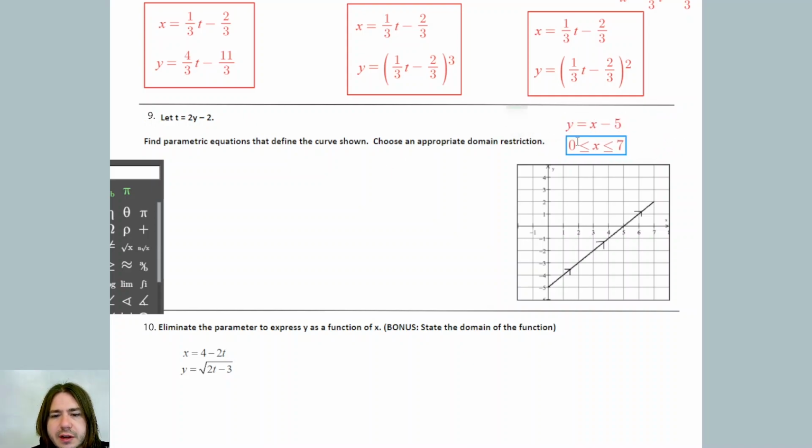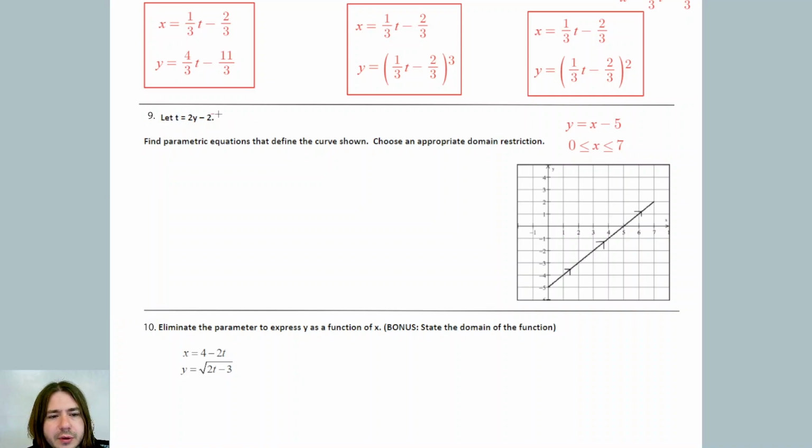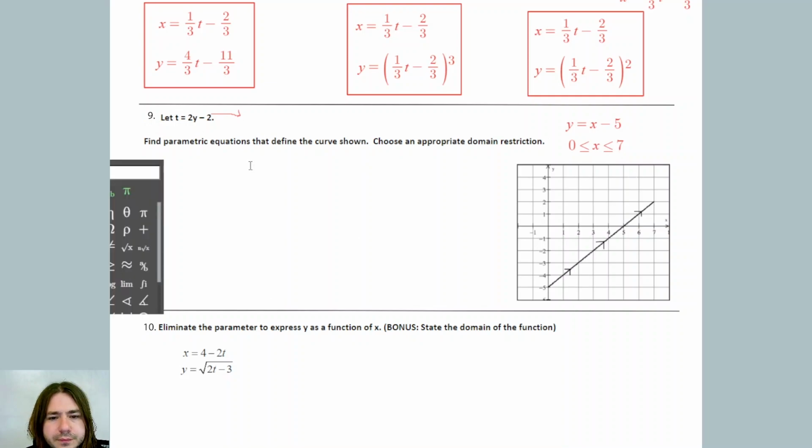So this is the rectangular version of the equation, and we will use this parameter to rewrite it. This parameter is given in terms of y, which is kind of interesting. That's not very typical, but we could still solve this for y, and then we'll plug it in and simplify and so forth.